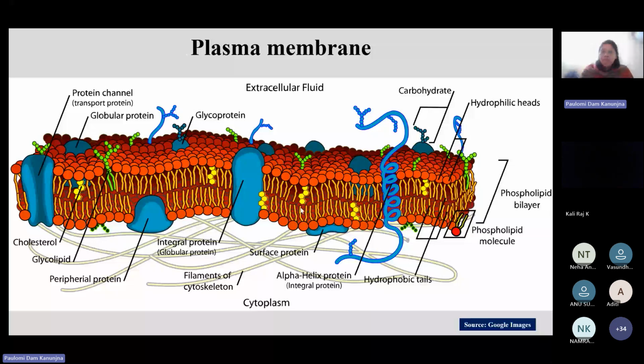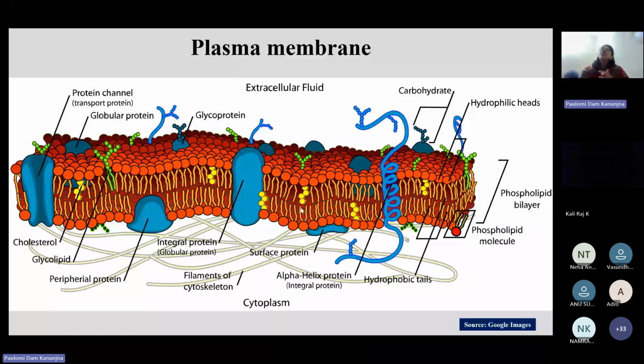Now, the plasma membrane concept itself underwent several structural changes. The first structure was suggested by Overton, who said the cell membranes are completely lipid in nature, and the permeability of the plasma membrane depends on whether a substance is lipid soluble. If it is lipid soluble, it will enter.